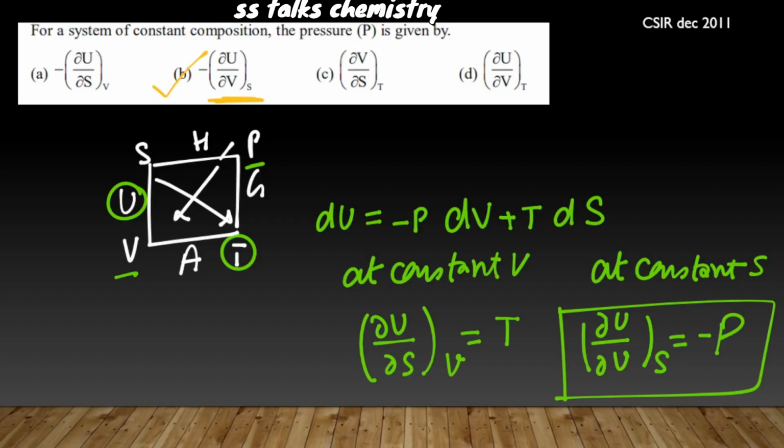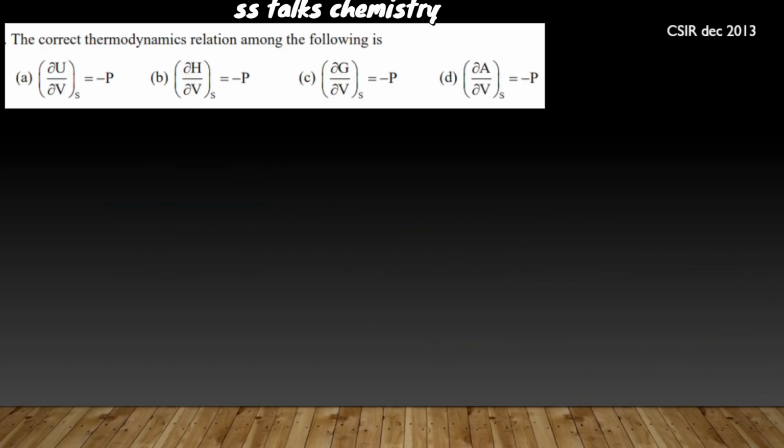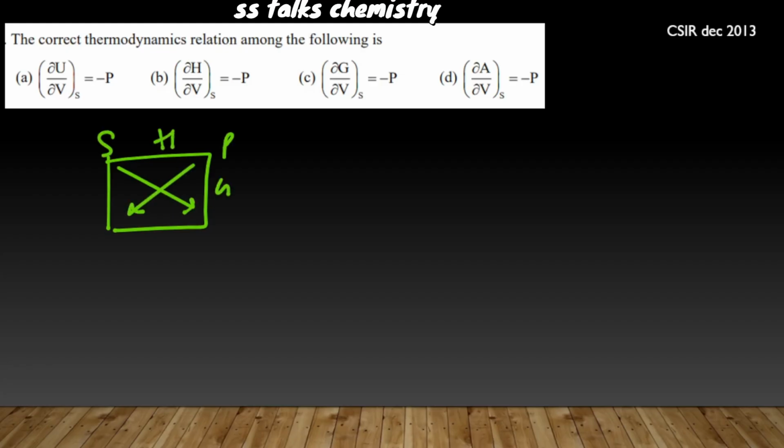Now here the relationships have been given to us, and we are asked to find the value correlating to the minus of the pressure. So again using your thermodynamic square, we can see the du value that you are having is dependent upon the volume term and it is dependent upon the entropy.